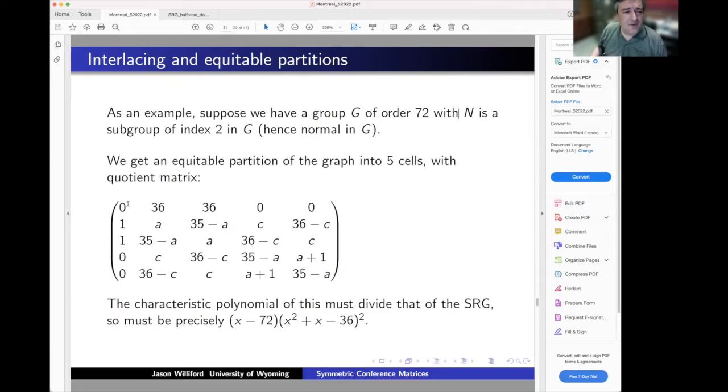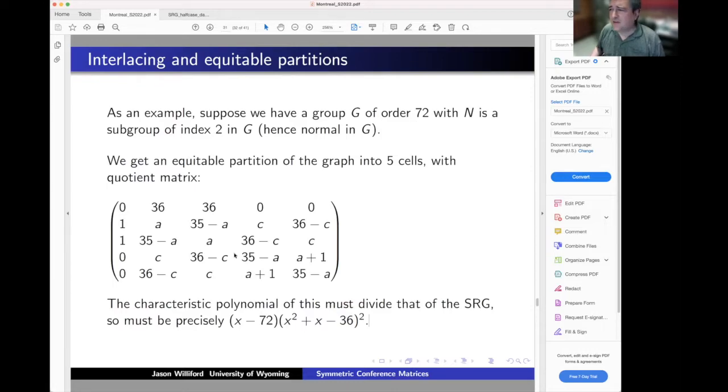Well, how many 5 by 5 quotient matrices are there where the numbers, so you have some thresholds on numbers because you can't have more neighbors between cells than their size. How many things like this actually have the correct characteristic polynomial? And that's one thing that's nice about the conference graphs, is that you know exactly what the characteristic polynomial of the quotient matrix has to be, because the eigenvalues are irrational, so they have to come in pairs.